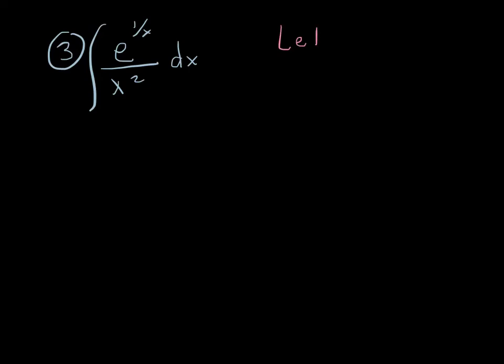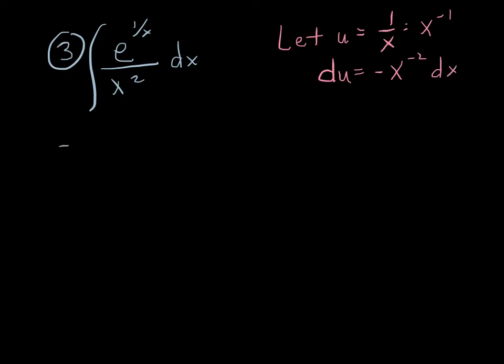3. All right, let's let u equal that exponent once again. Then du, let's see, this is x to the negative 1. So du is negative x to the negative 2 dx.